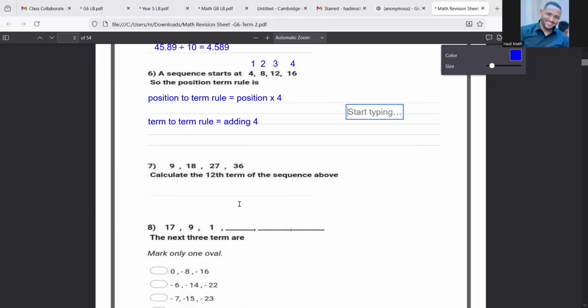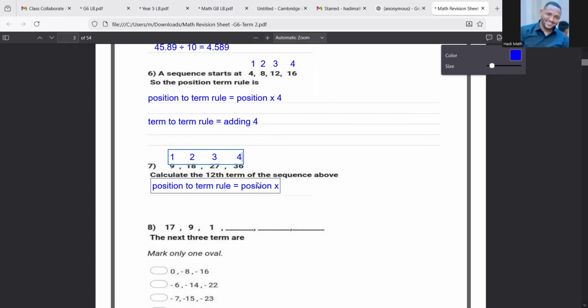They ask you to calculate the 12th term in this sequence. When they ask you for the 12th term, you need first to find the position to term rule. This is very important to do. How to find the position to term rule? As I've told you before, go on the terms and number them: 1, 2, 3, 4.